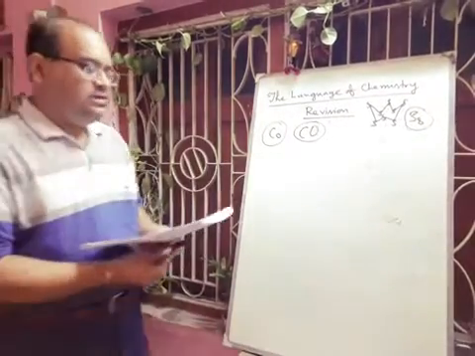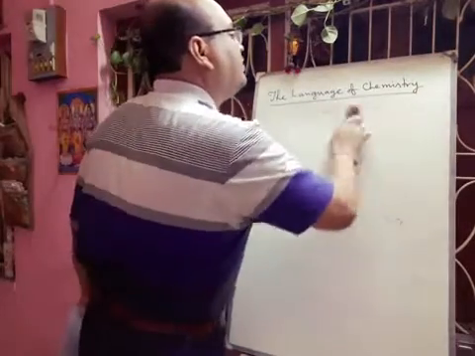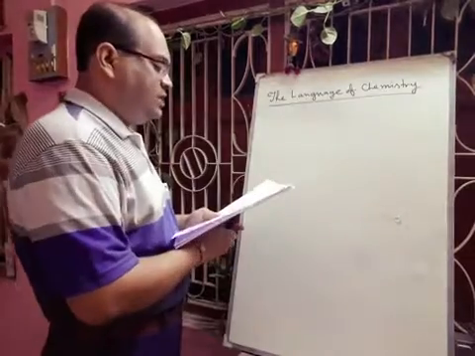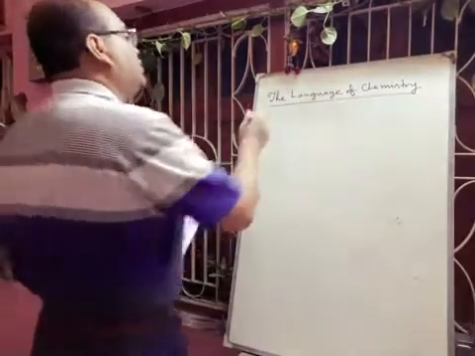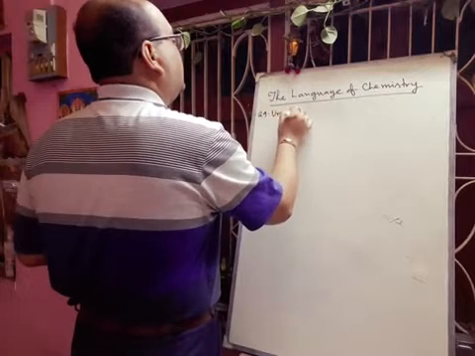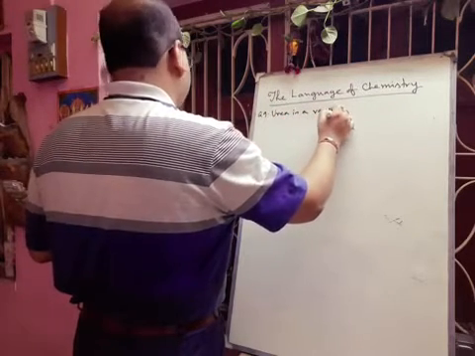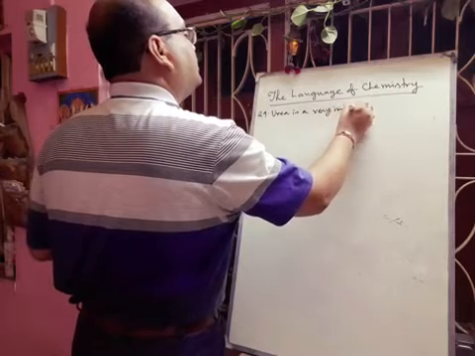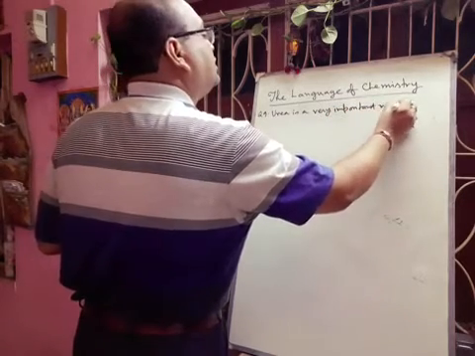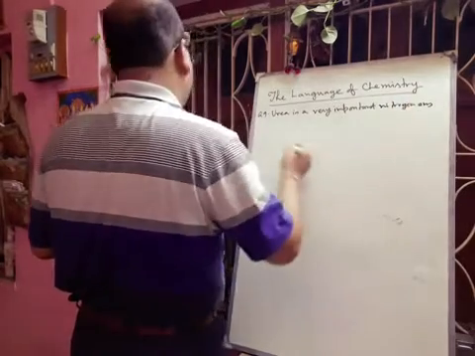Next, another percentage composition numerical we will discuss. The question is taken from your book, question 9: urea is a very important nitrogenous fertilizer.